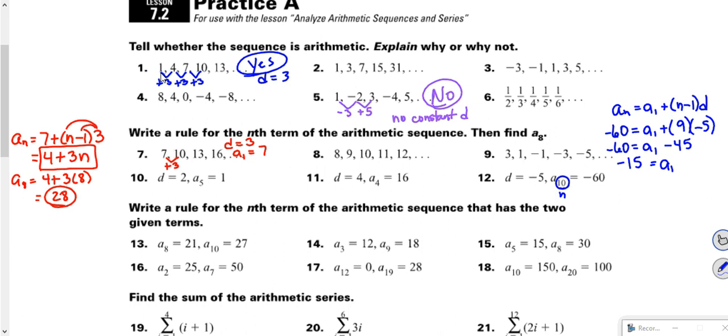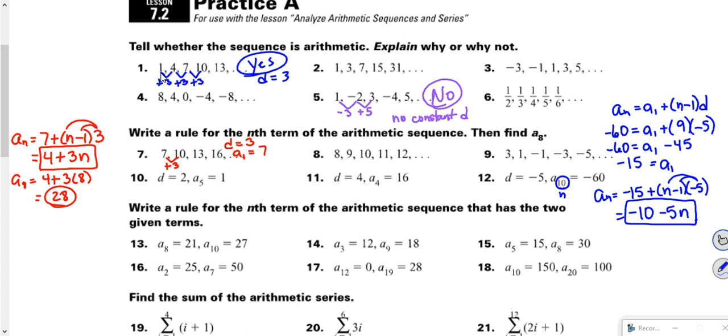Okay, so now I can write the rule. So now the rule is A sub n equals -15 plus n minus 1 times -5. And again, that -5 has to be distributed. So we would have -15 plus 5, which is -10, minus 5n. -10 minus 5n, that would be my rule.